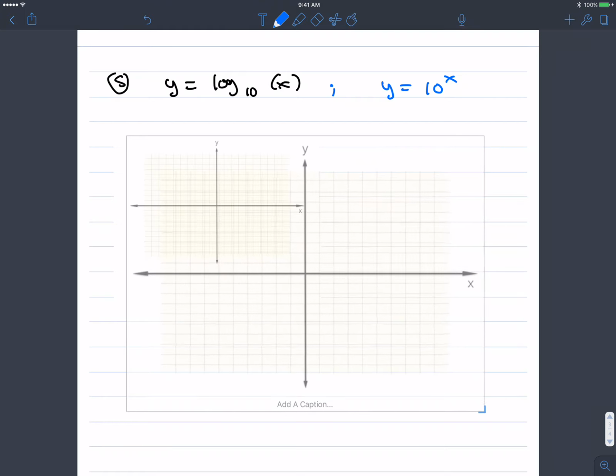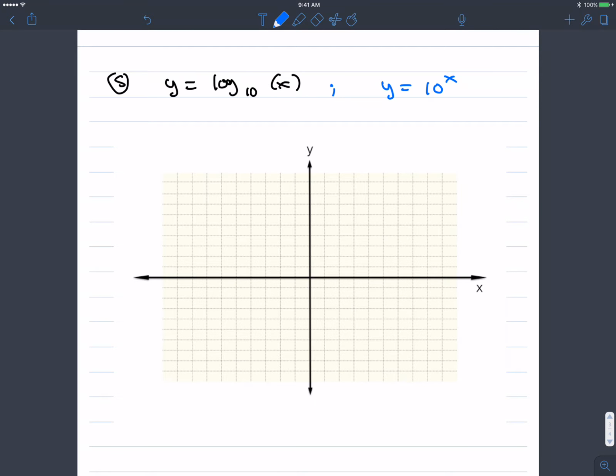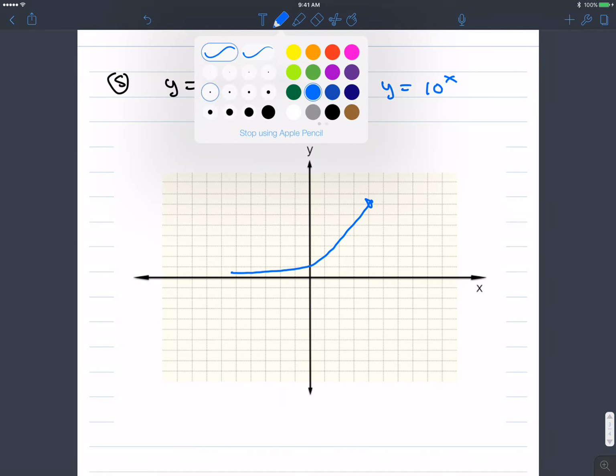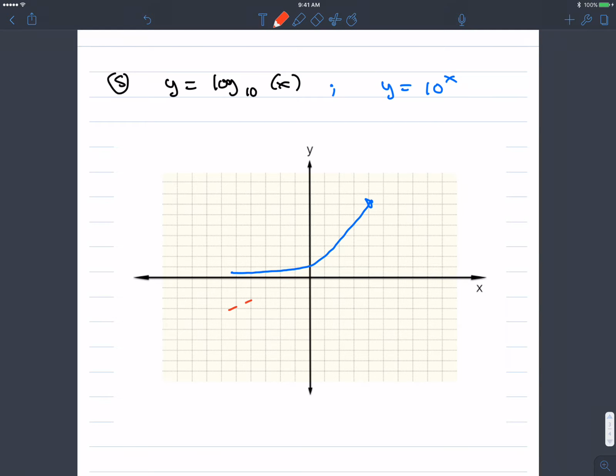And as we sketch this curve, just to remind you, you essentially have an exponential curve that looks like this. It's not to any great detail. It's not accurate at all, because this curve grows even faster than the prior problem that we just did. And on a test, I just expect you to somewhat graph your log function here.